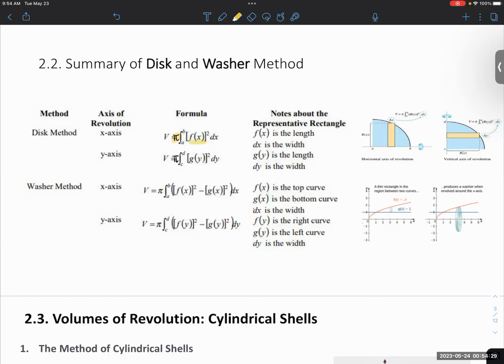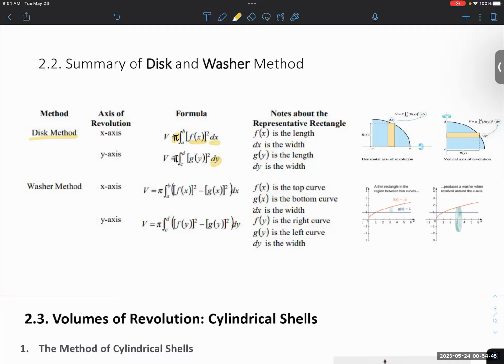If you are taking the integral in terms of the x-axis, everything should be related to x. If you are rotating the function around the y-axis, then you are going to take the integral with respect to the y variable, right? So that was the disc method.